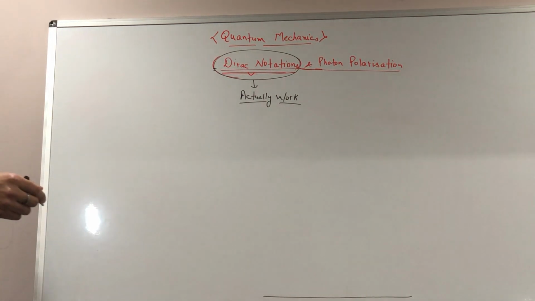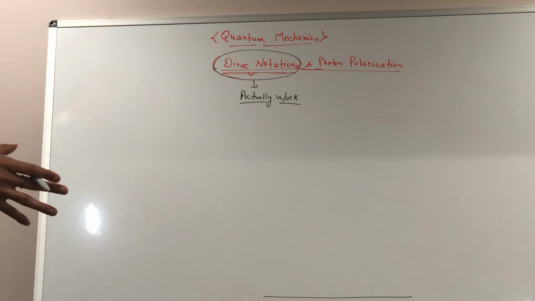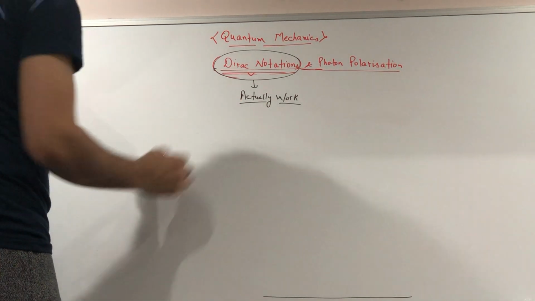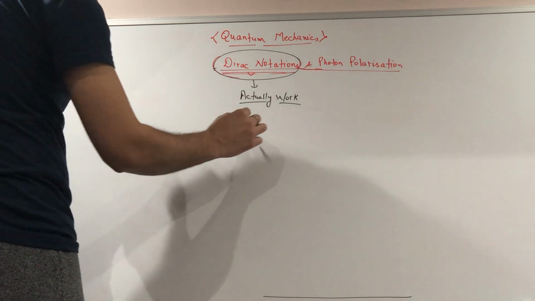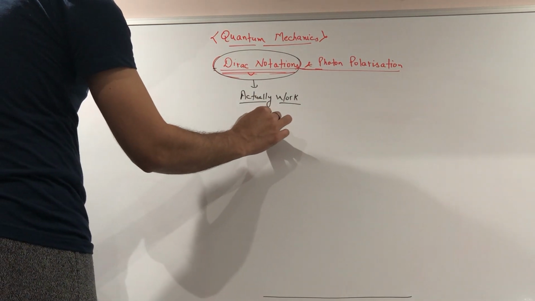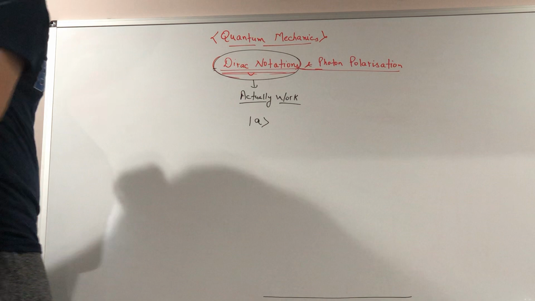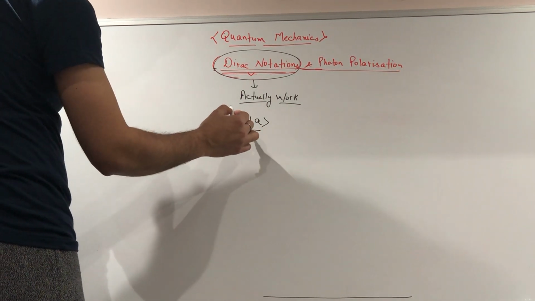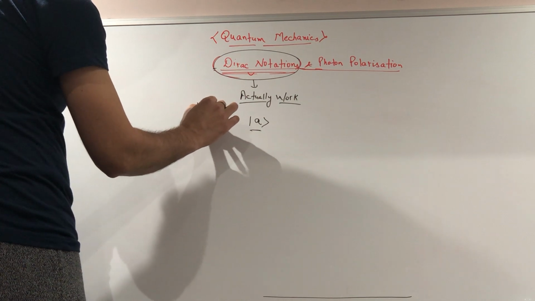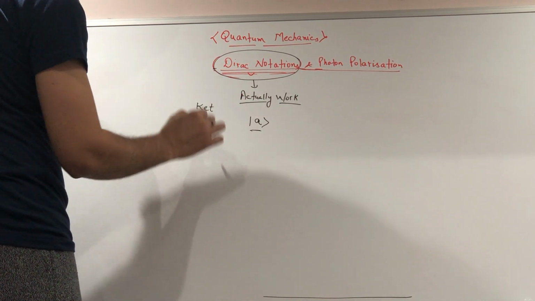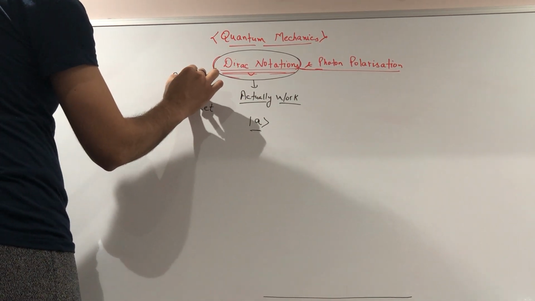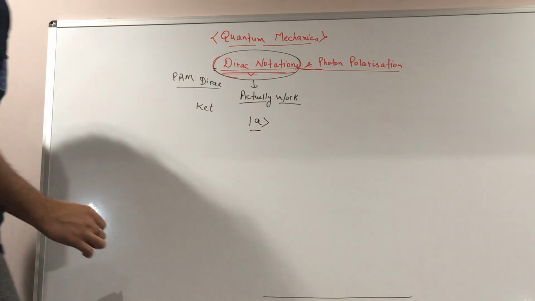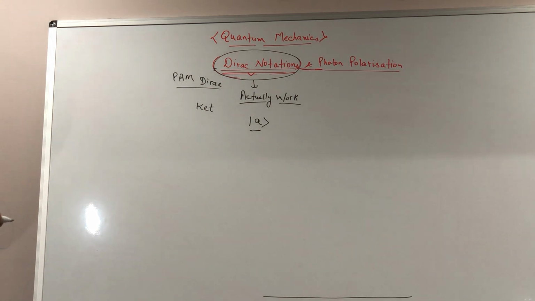So there is a thing which we use in this, and that is represented as a ket vector. This is a ket vector, represented by P.M. Dirac, the scientist who invented these notations.